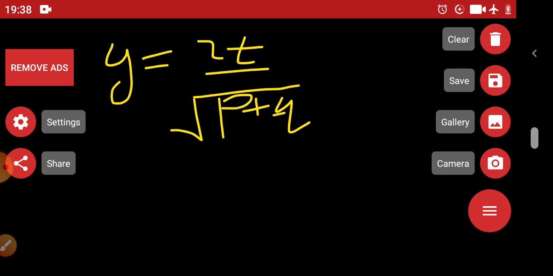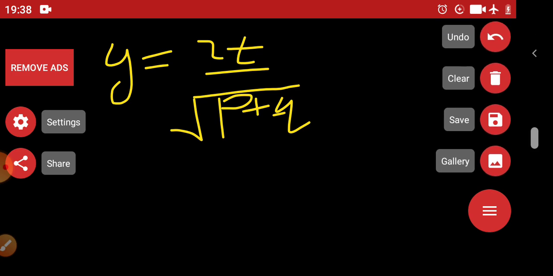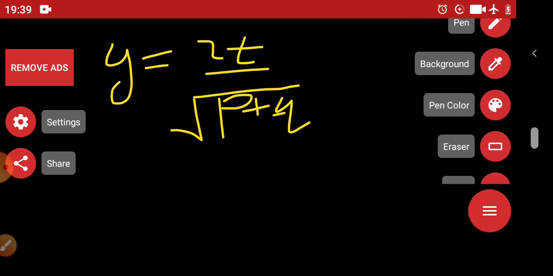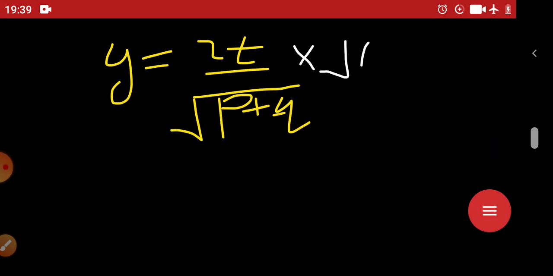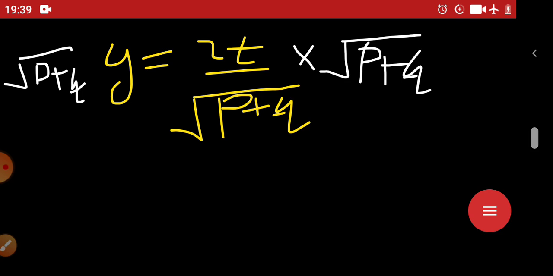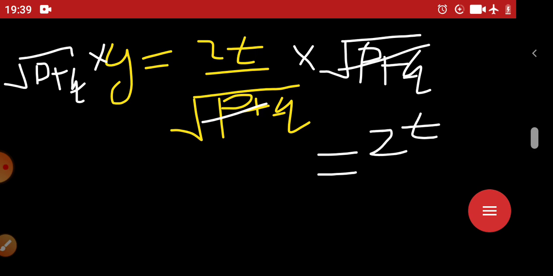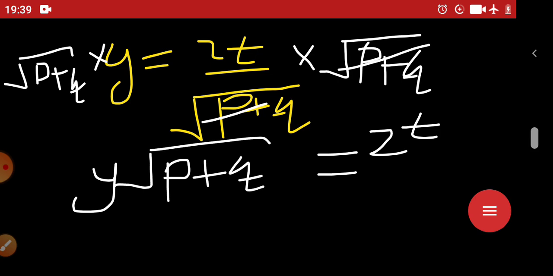You see that you can remove the denominator by multiplying both sides. So we need to multiply the square root of p plus q on both sides. This will cancel the denominator, and from the right hand side we're left with 2t, and on the left hand side we have G multiplying the square root of p plus q.